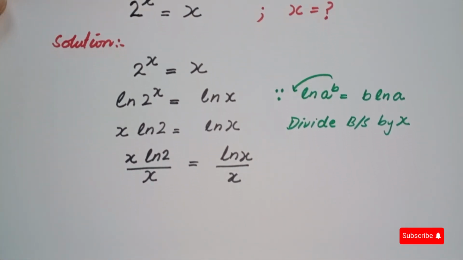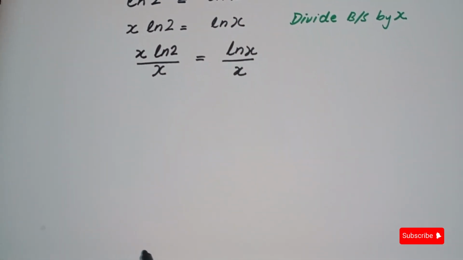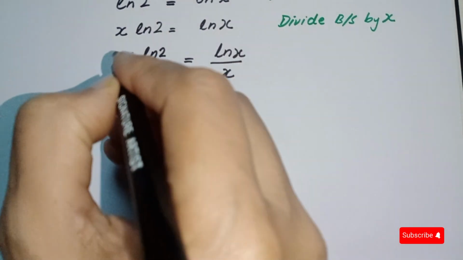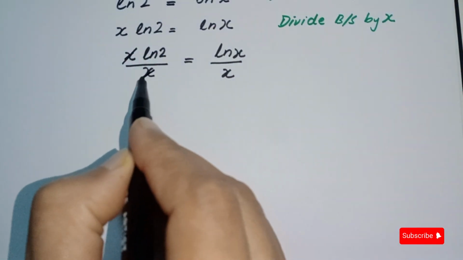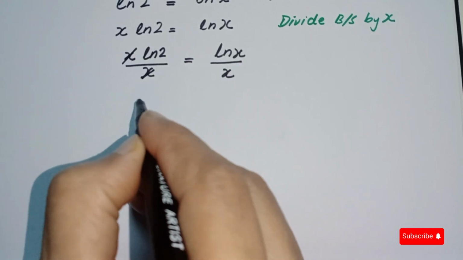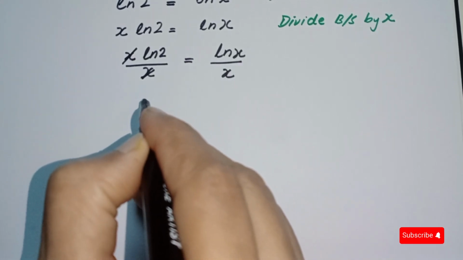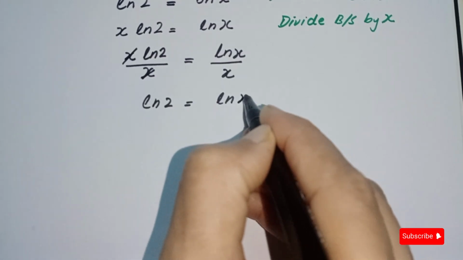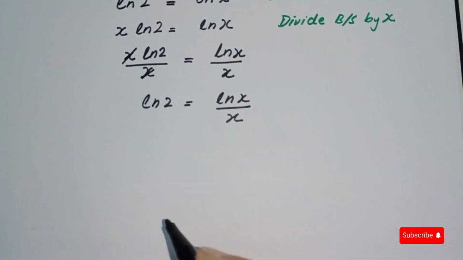Here x will cancel out with x and we will get natural log 2 is equal to natural log x over x.